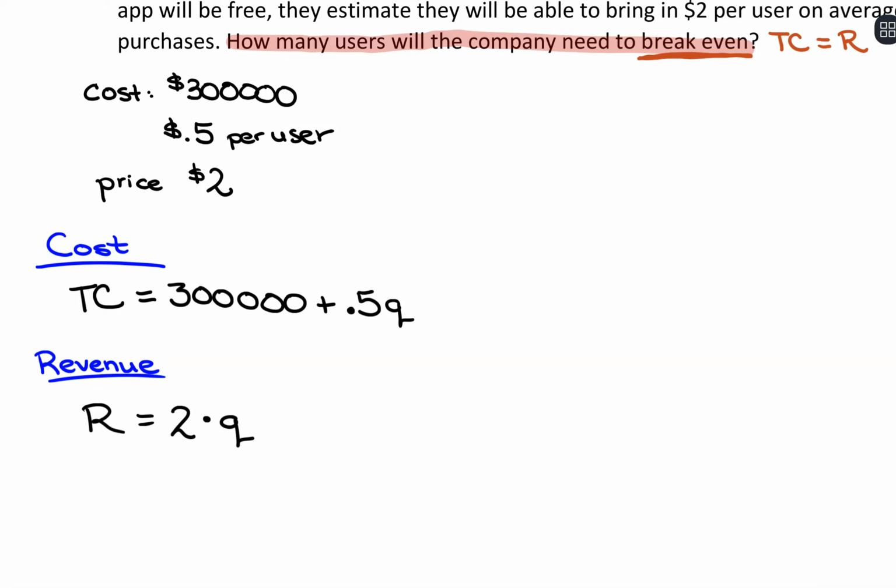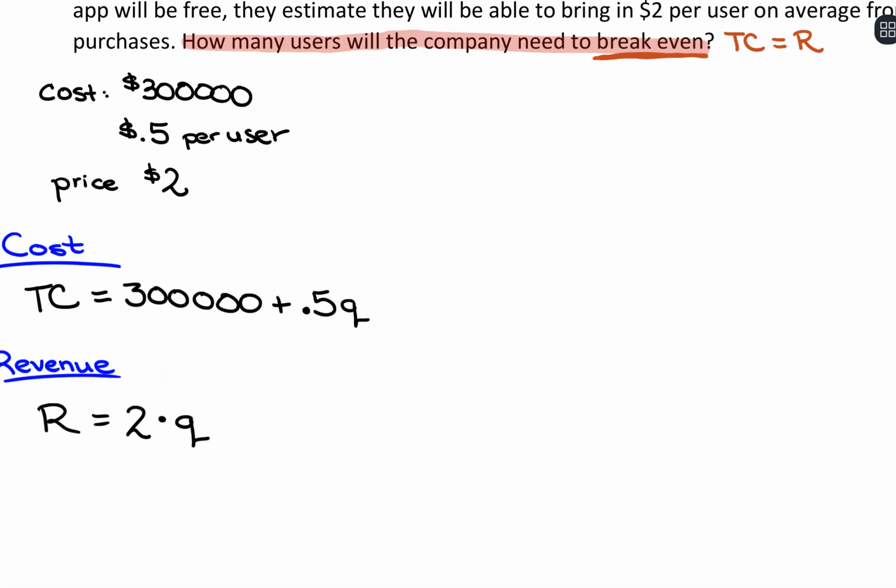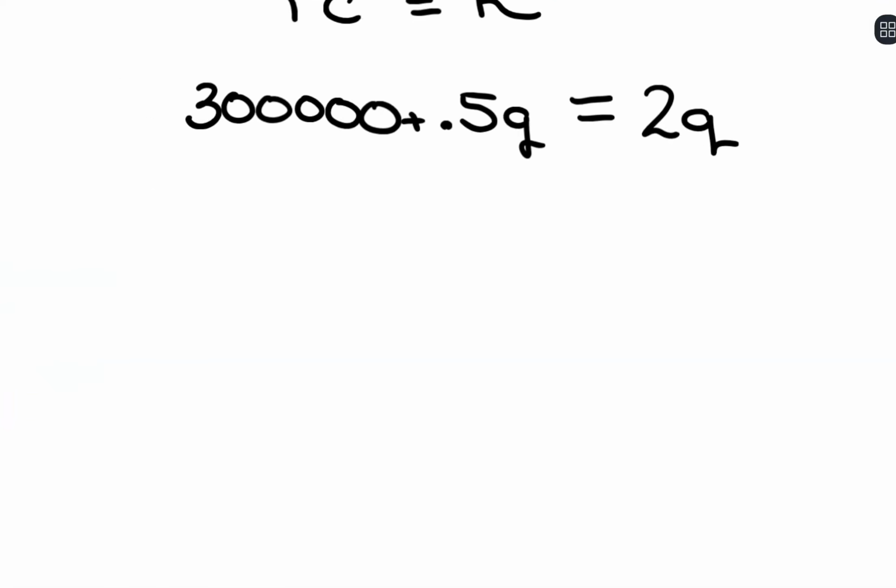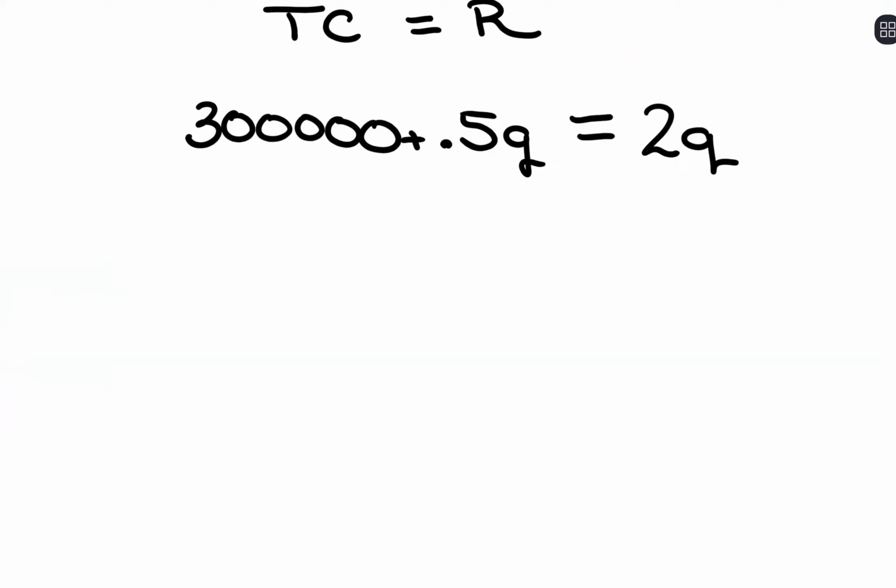Okay, so we want to see where is total cost equal to revenue. Well, total cost is the same thing as this 300,000 plus 0.5 Q. And we want to see where that equals revenue, which is equal to 2 times Q. And now we can solve for Q. So I'm going to subtract 0.5 Q from both sides.